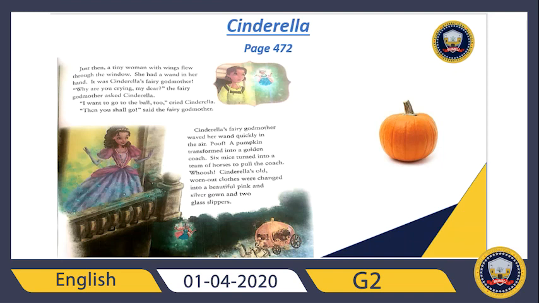So the fairy godmother, with her magic, changed her dress and her slippers. Now she had glass slippers and a very expensive silver gown. So you can see in the picture, Cinderella has turned into a pretty girl.